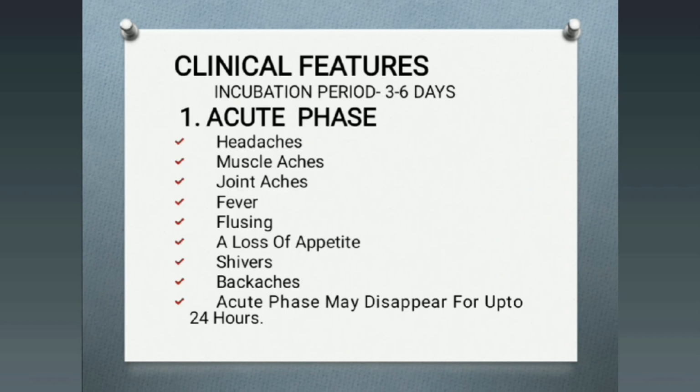Clinical features. The incubation period of yellow fever virus is 3 to 6 days. It causes 2 phases, an acute phase and a toxic phase. The acute phase causes headaches, muscle aches, joint aches, fever, flushing, loss of appetite, shivers and backaches. The acute phase may disappear for up to 24 hours.